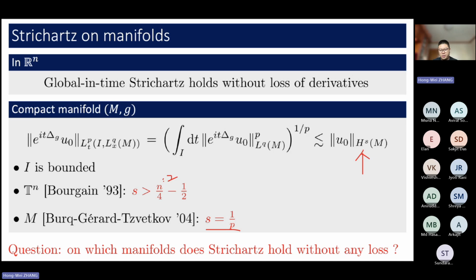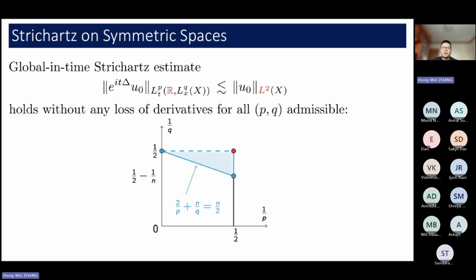So the question is, on which manifolds can the Strichartz estimates hold without any loss? There are many people working on that. For PDEs, they prefer considering the so-called asymptotically hyperbolic manifolds. But for us, we already know that at least on hyperbolic space, the Strichartz estimates hold without loss.